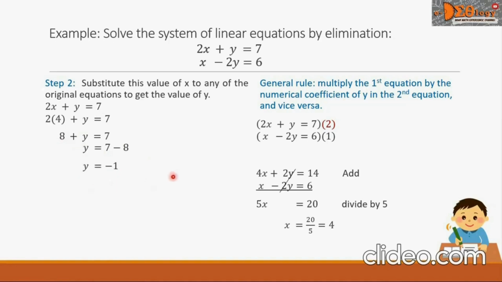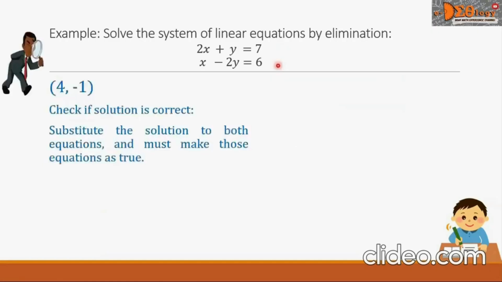Let us write the x and the y as an ordered pair. So we have 4, negative 1. And this is the solution of our system of linear equations here. Now let us check if this answer is correct. Let us substitute the solution to both equations and must make those equations true. Let us take the first equation, 2x plus y equals 7.